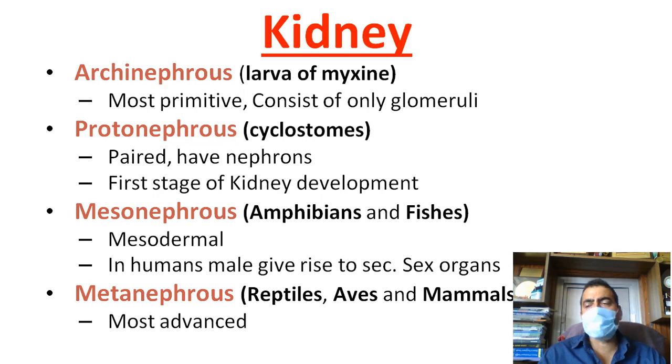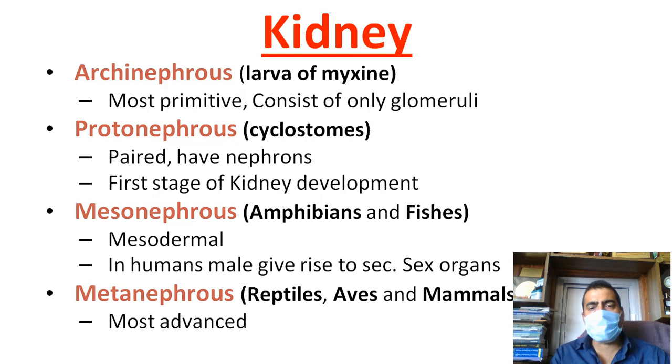In amphibians and fishes, they contain mesonephros kidneys, which are mesodermal in origin, and in human males give rise to secondary sex organs. Then there is the well-developed kidney present in reptiles, aves and mammals, which is the most advanced kidney.